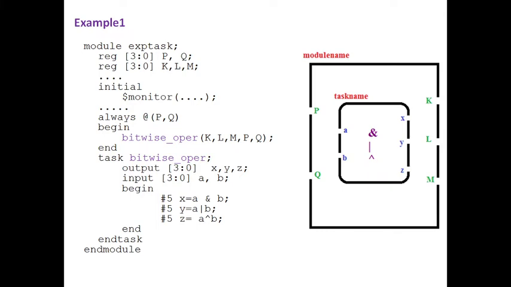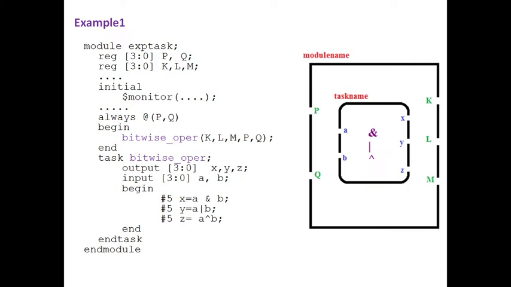Outside the module I have an environment that is nothing but a test bench. Generally you know that the test bench generates some signals and checks the functionality of a module. That means it passes the signals through the input ports, and observes the functionality of the module through the output ports.